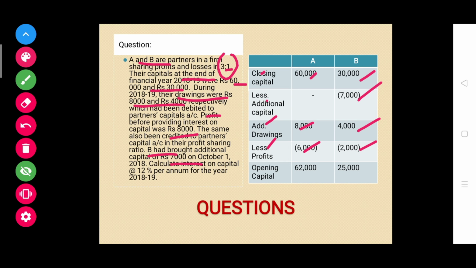So we will deduct this additional capital. By applying this formula, we will get opening capital of rupees 62,000 for A and rupees 25,000 for B. So since in this question closing capital was given, we first calculated opening capital. So now we have opening capital, we can calculate interest on capital now.